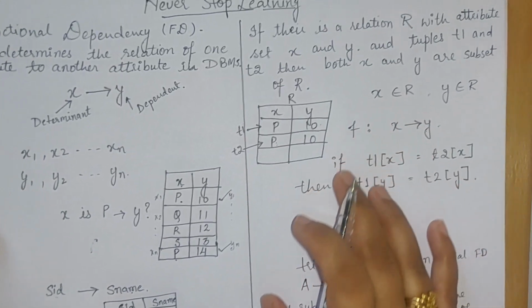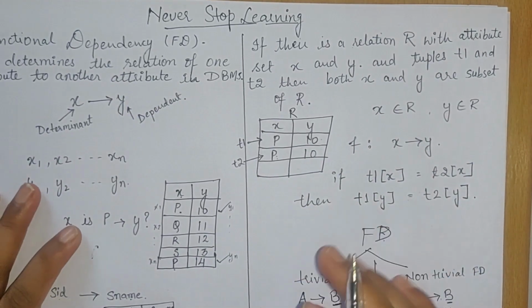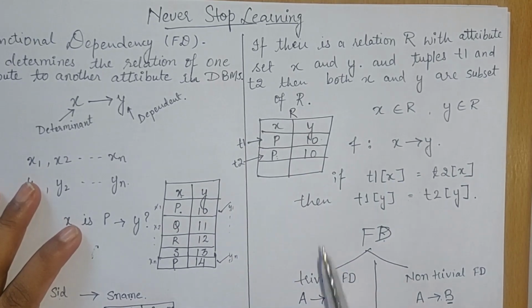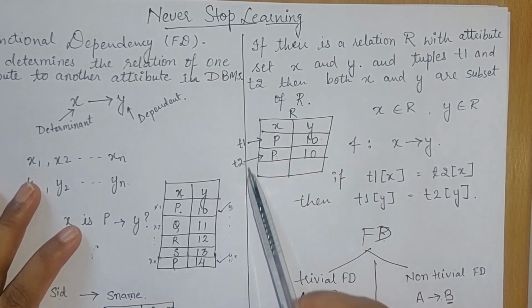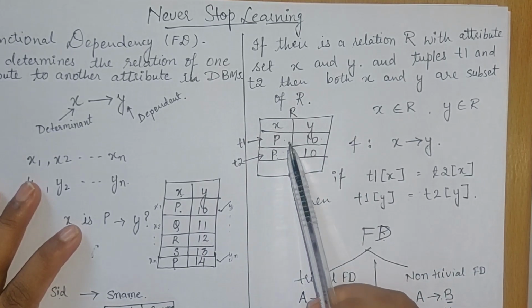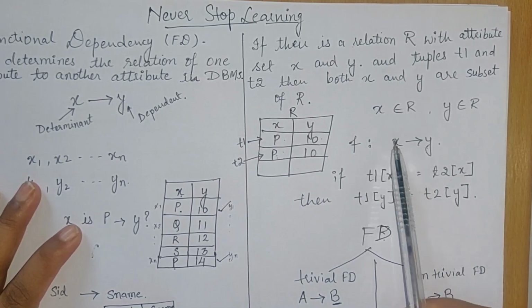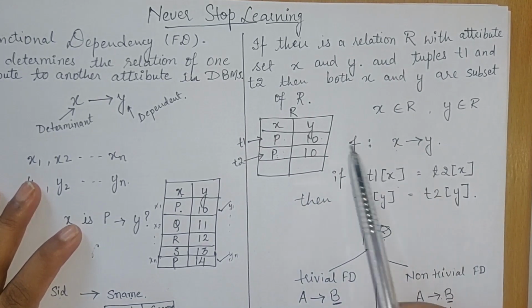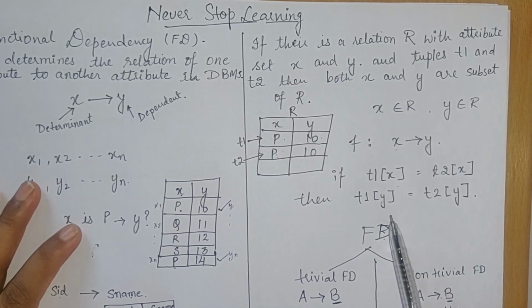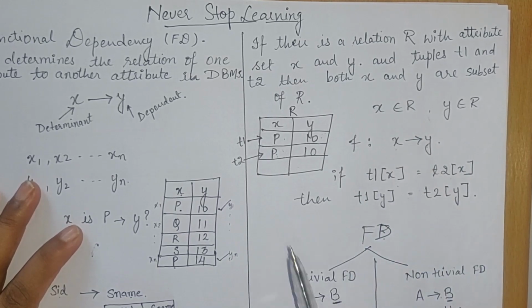So here you understood that if I am having a relation R and the tuples T1 and T2, if the value of T1x is equal to T2x and there is a dependency from x to y, then the value of T1y and T2y should be same. If this condition satisfies, then only this functional dependency holds.